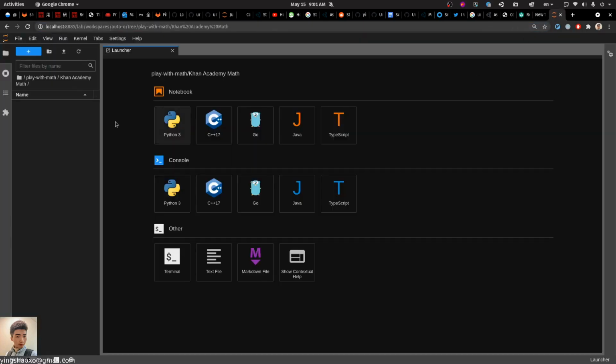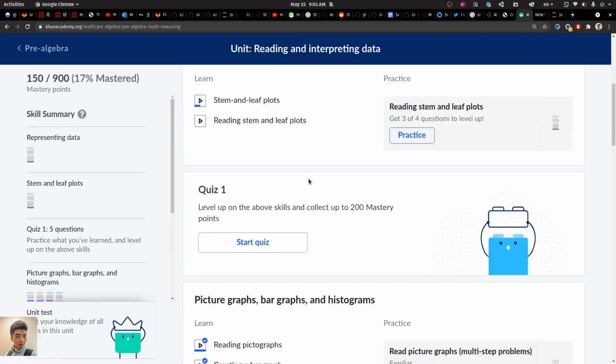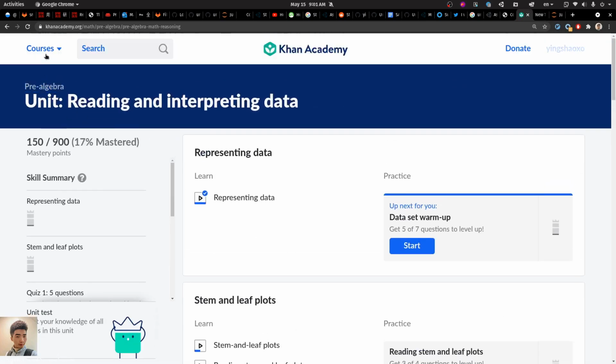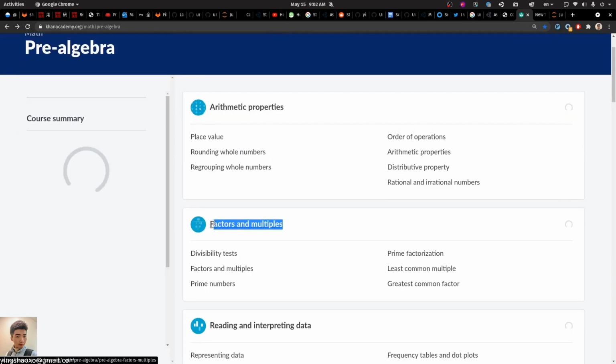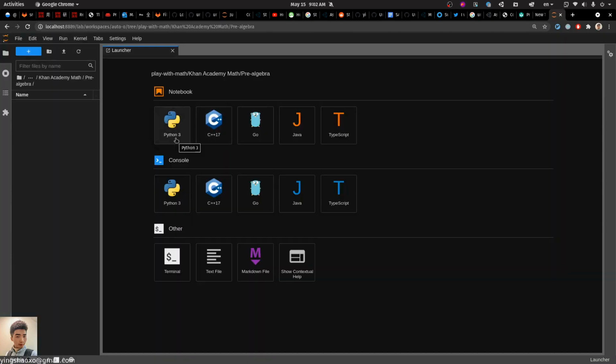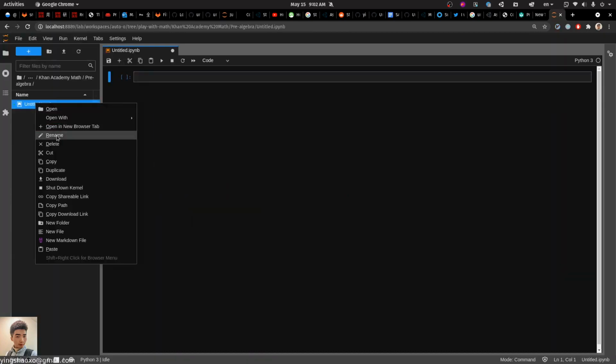So this is the fundamental basics for you to get started to learn algebra. And inside of that, we could even go to the next course. We could create a folder, factors and multiples, or we could forget about it because we only need a Python script.